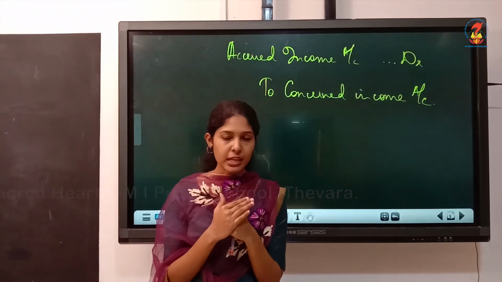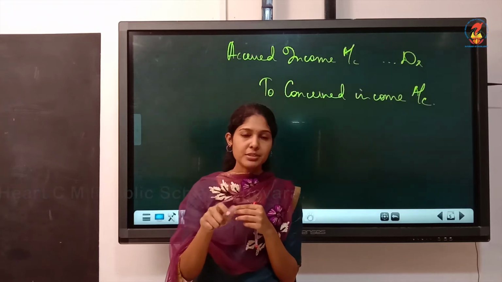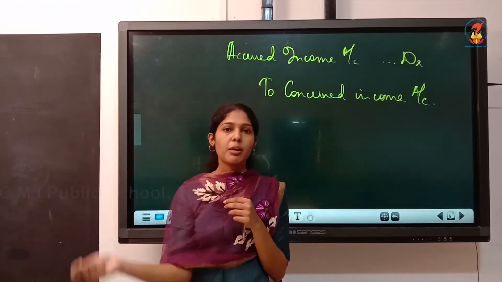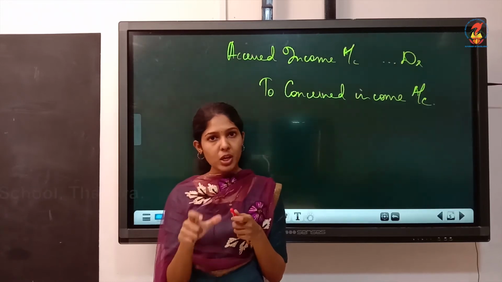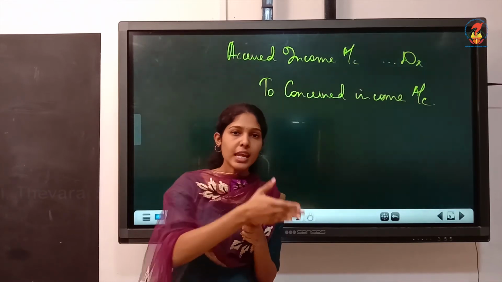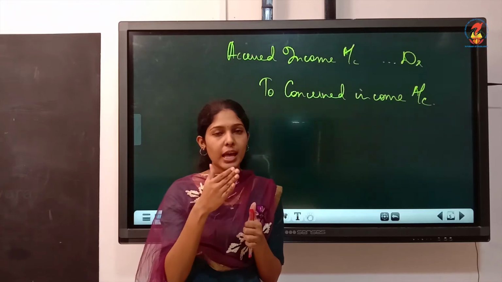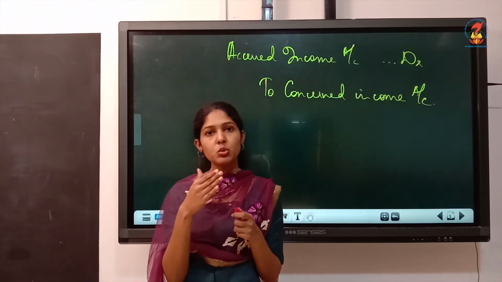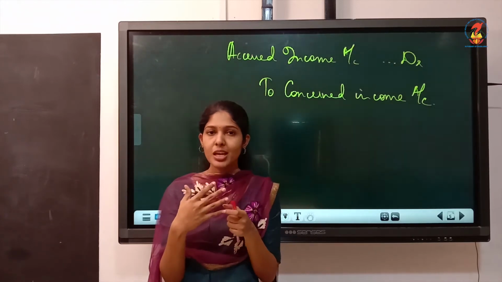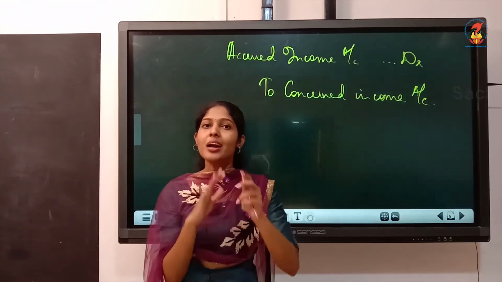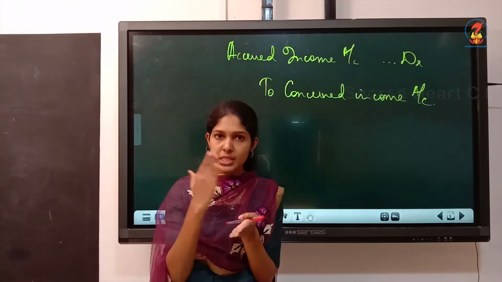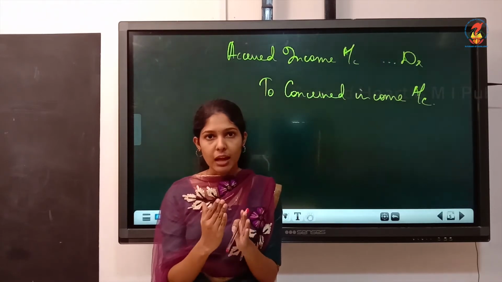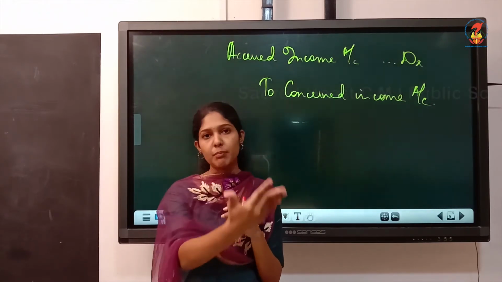How it is becoming a liability? You have a liability to give this amount back to the customer if the customer asks for the amount. Because receiving in advance means it is a liability for the firm. When you receive the incomes in advance, you always have a liability to give the amount back.